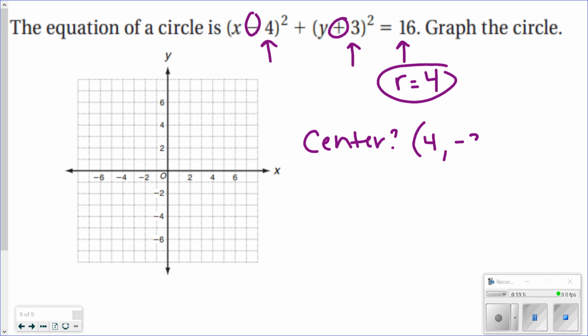So negative 3. Now I have everything, and I'm going to graph my circle. We start off by graphing the center, 4, negative 3. Now I'm going to use my radius to find my 4 points along the circle. And then my last step is to just draw a very bad circle connecting these points.